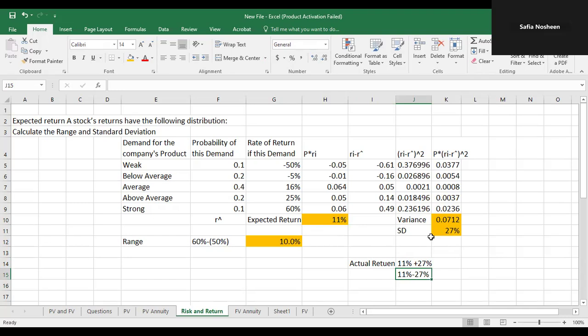So the variability of our actual return around the expected return is 27%. This is what the standard deviation means.